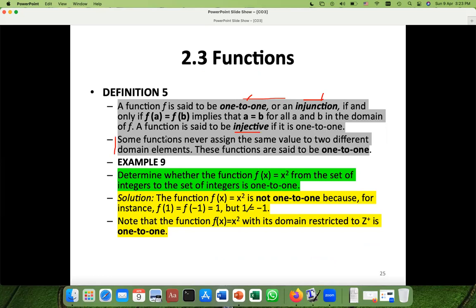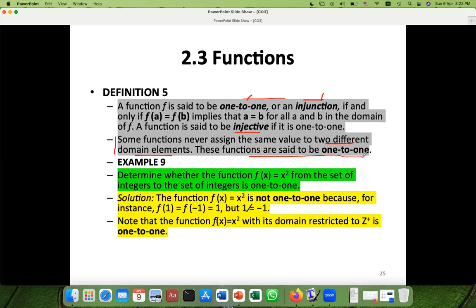So it is written here that some functions never assign the same value from B to two different domain elements, like the situation that I just showed you on that picture. If these are the functions, then those functions are called one-to-one.